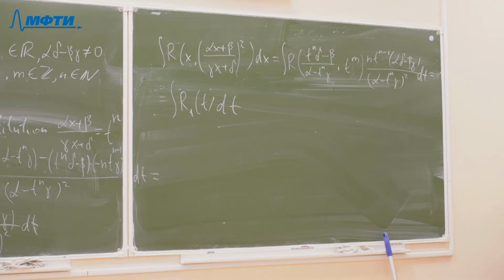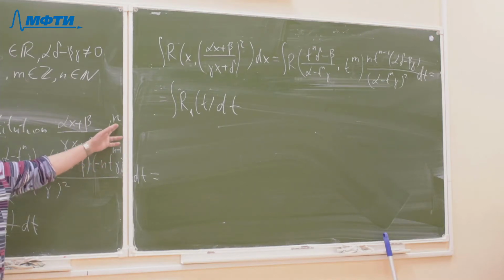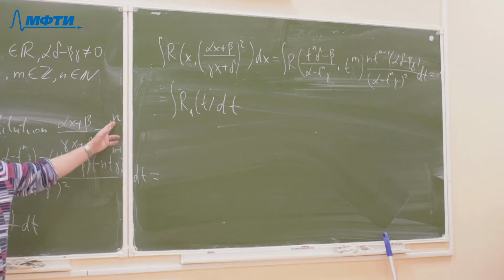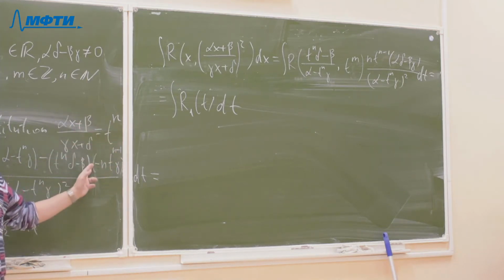So we can find an integral in terms of t, and at the very end we should substitute t equals the nth root of this ratio, right? So the answer will be a function of the nth root of this ratio, right? Okay, elementary function.